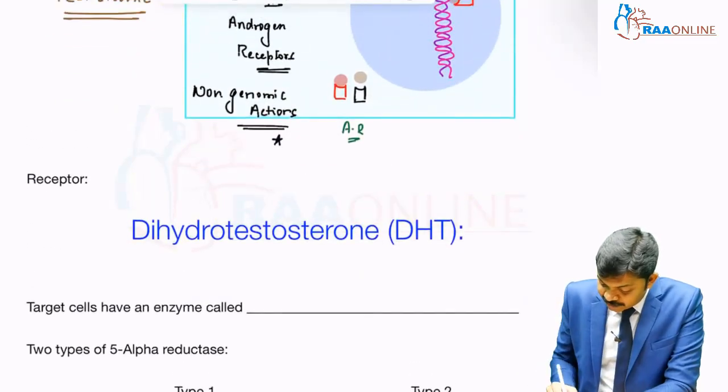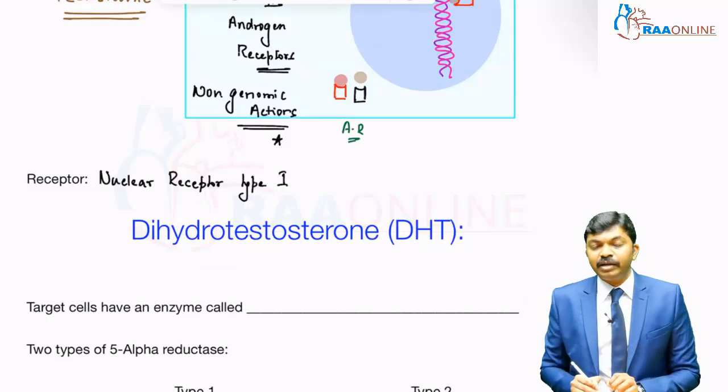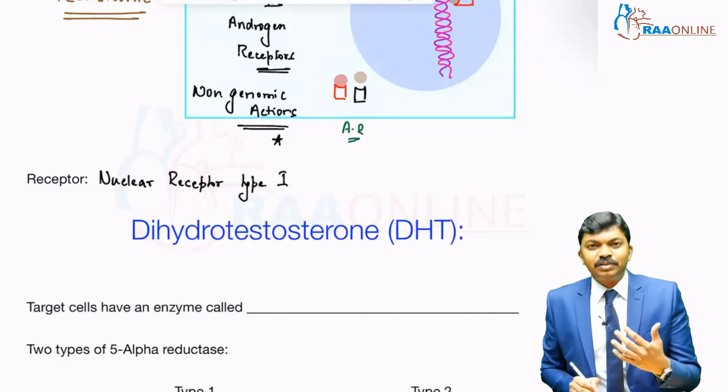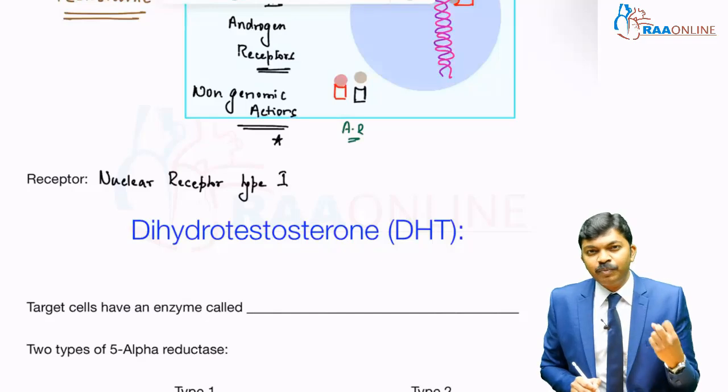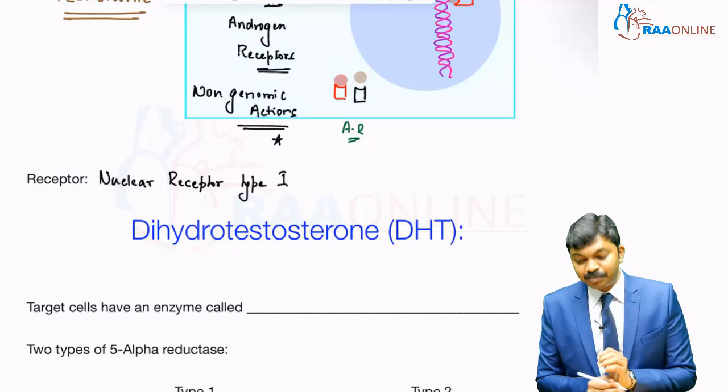And the receptors are going to be called nuclear receptor type 1. People, this word differs from textbook to textbook. What you are studying here is the word given in Harrison's textbook of internal medicine, and that's more authenticated than what we study in our basic physiology textbooks. Alright. So to be precise, this is nuclear receptor type 1.